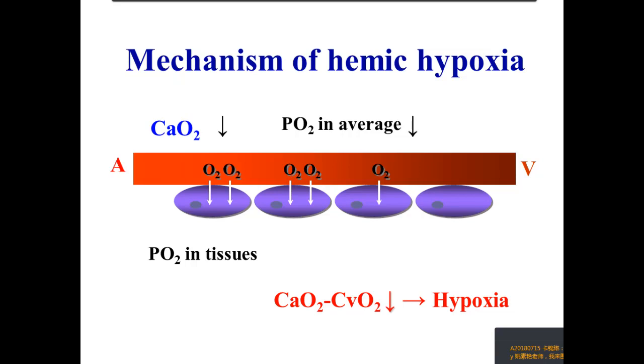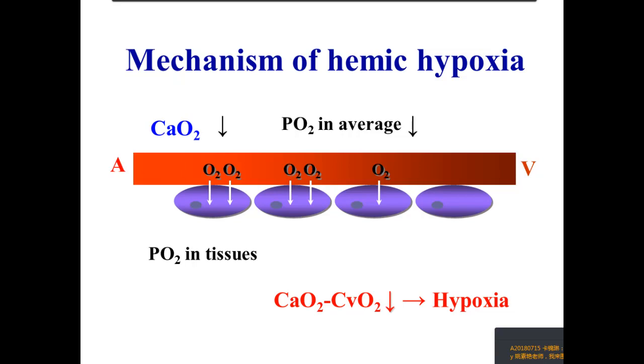Partial pressure is normal, oxygen binding capacity decreases, except in carbon monoxide poisoning where it is normal; oxygen content decreases. The arteriovenous difference of oxygen content also decreases.